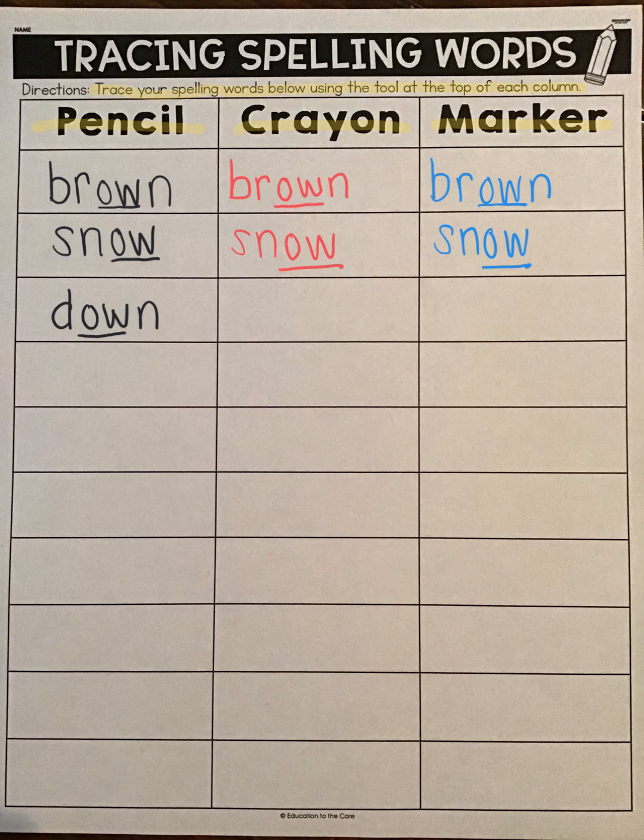Our next word is show. Sh-o. Show. I know that the consonant digraph SH says shh. And OW says O. Show. Remember, OW can say ow, and OW can also say O. Please pause the video and write show with crayon and marker.